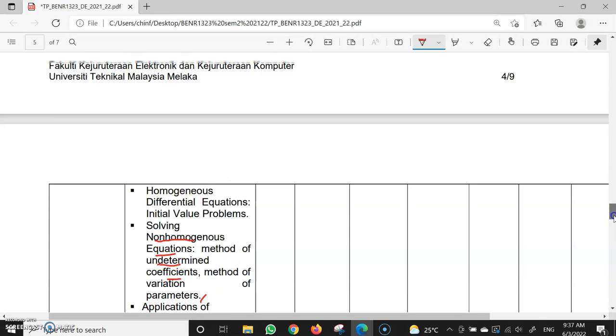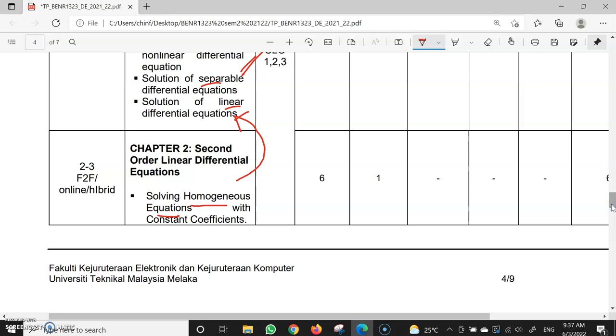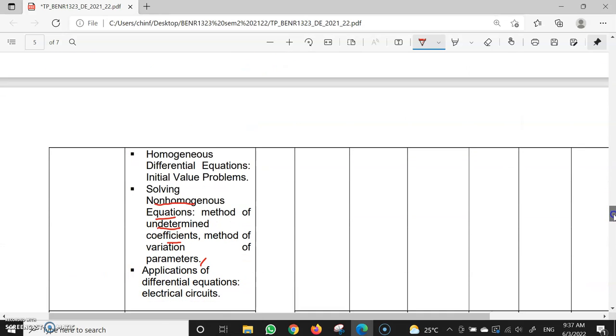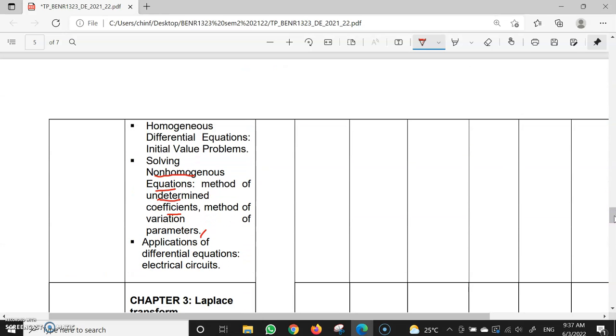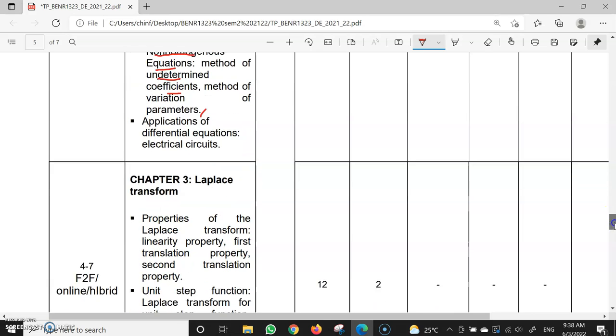So what I plan now is to move the homogeneous equations part to week 1, so that you have more time on the undetermined coefficients method and the variation of parameters method in week 2 and week 3.